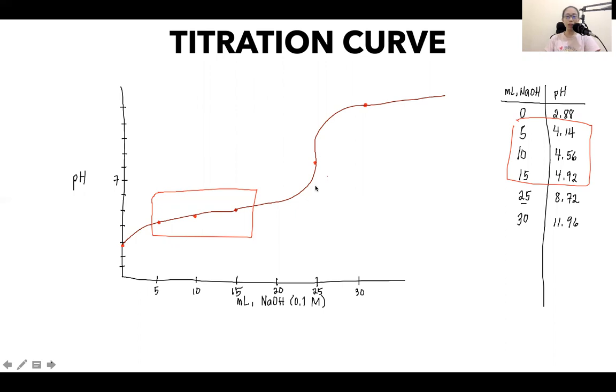So in a titration curve, if you see this very steep change in pH, that's a hint that it's an equivalence point. And after your equivalence point, again, the remaining hydroxide ions will dictate the pH of your system.